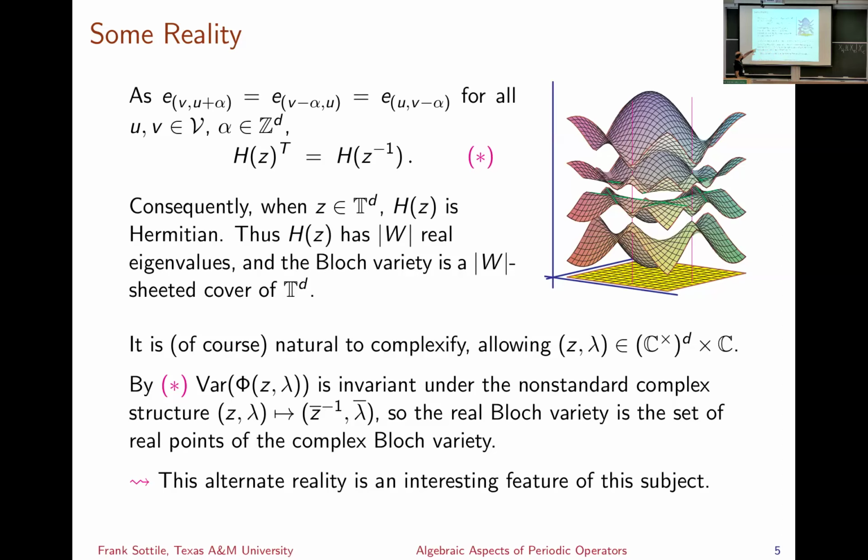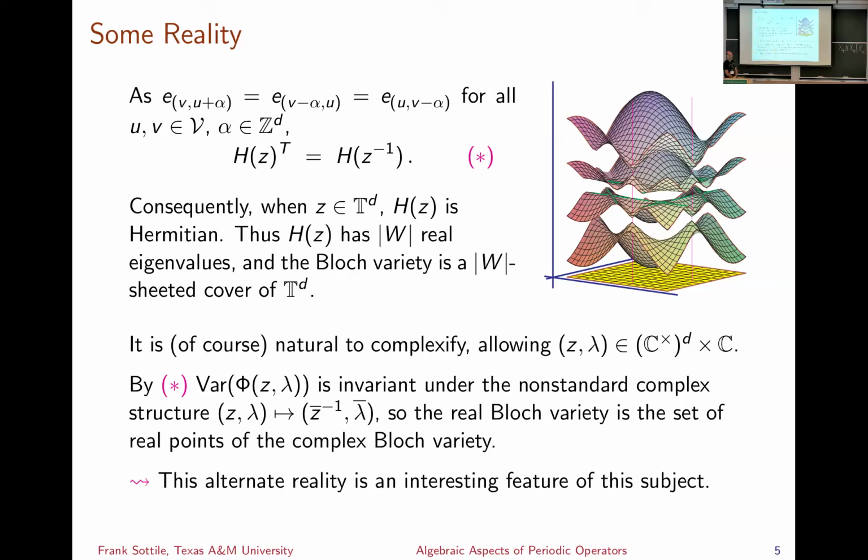Anyways, but by this fundamental symmetry, the zero set of the dispersion polynomial is invariant under a non-standard complex structure, where the pair Z in C star to the D, comma lambda, goes to Z bar inverse, comma lambda bar. That's an anti-holomorphic involution, also known as a real structure on a complex variety.